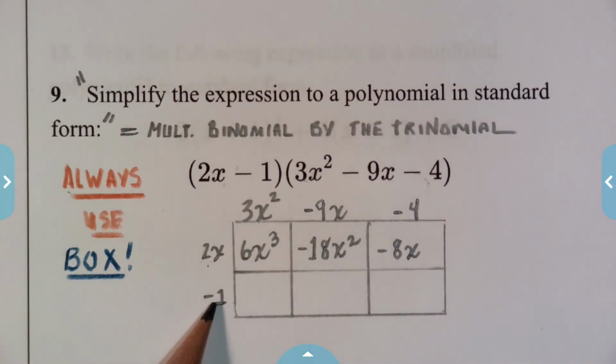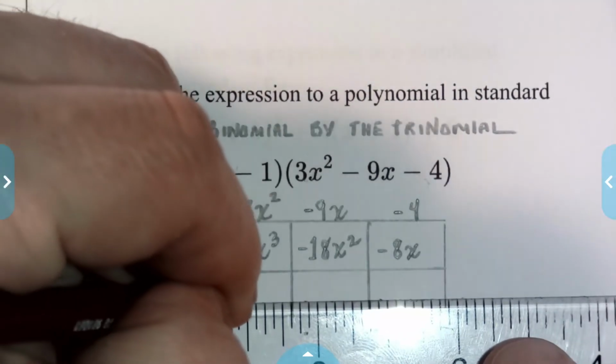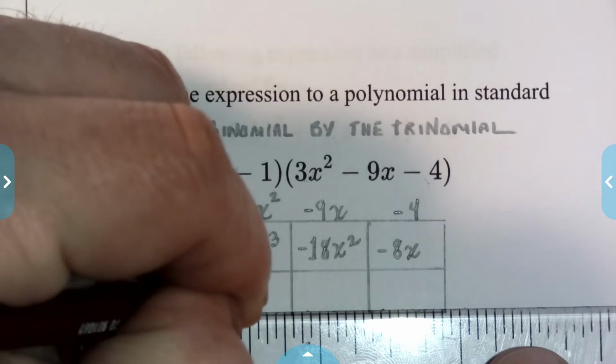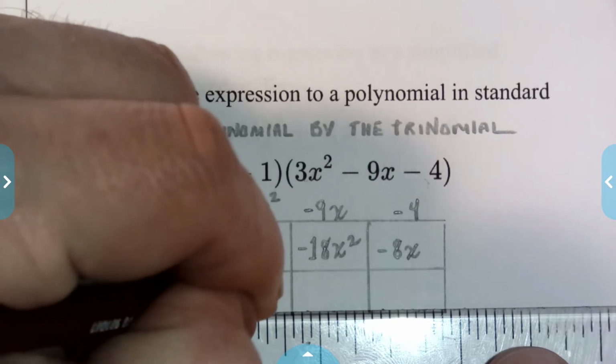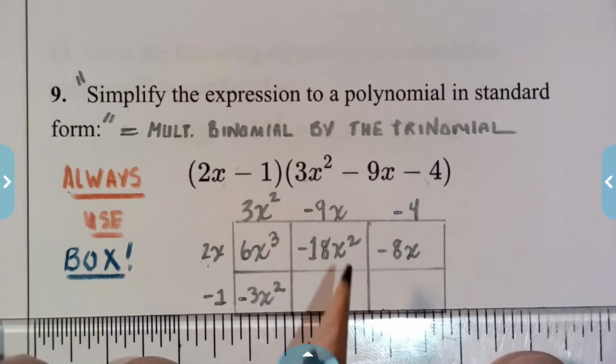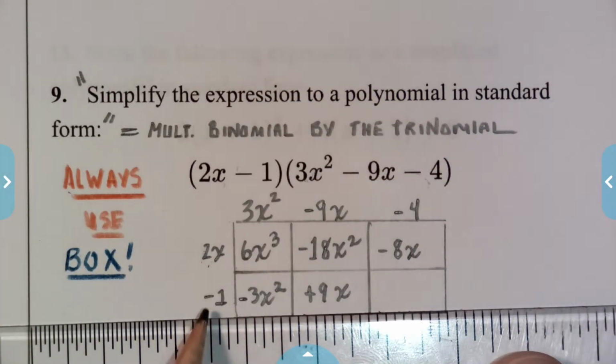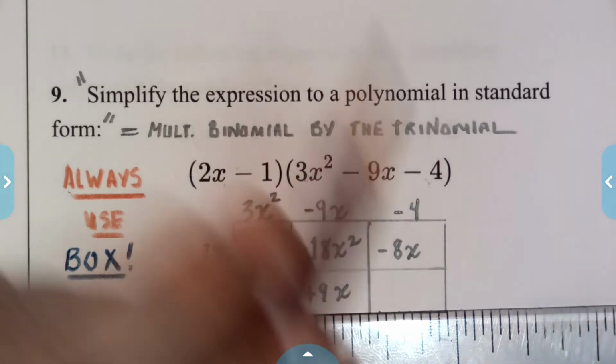Okay, another quadratic term, negative 1 times 3x squared gives us negative 3x squared. Now I'm expecting a linear term, negative 1 times negative 9x gives me positive 9x. And finally, that constant term, negative 1 times negative 4 gives me positive 4.